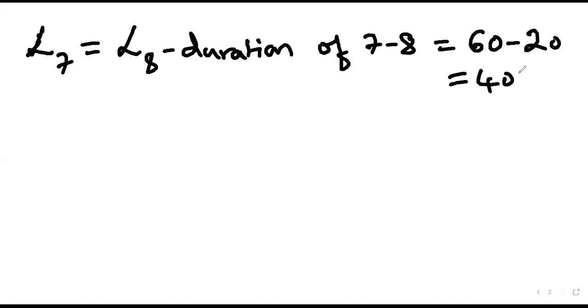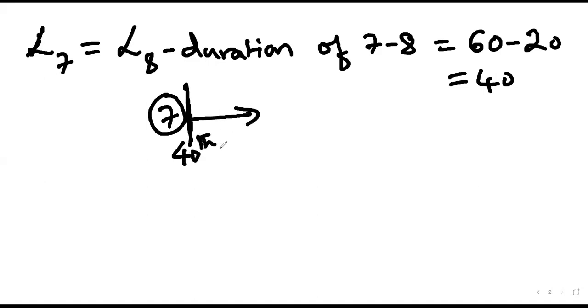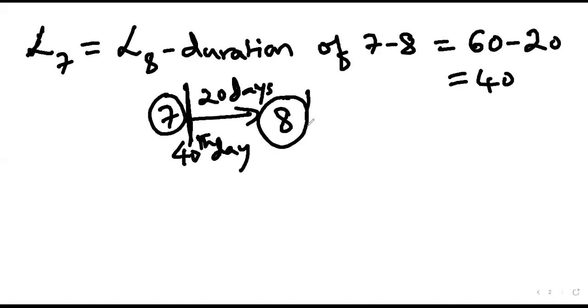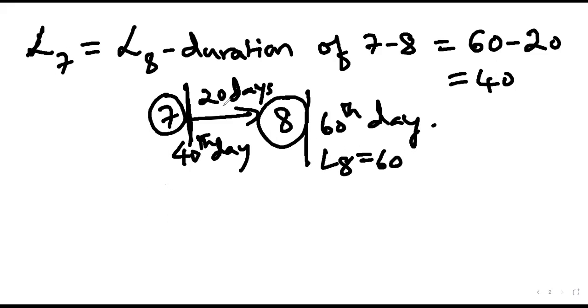From the 7th node, 20 more days is required to complete this activity 7-8. So the duration is 20 days. L7 is 40 days.